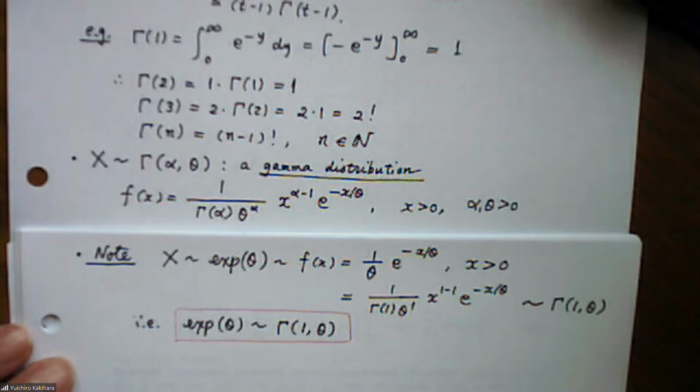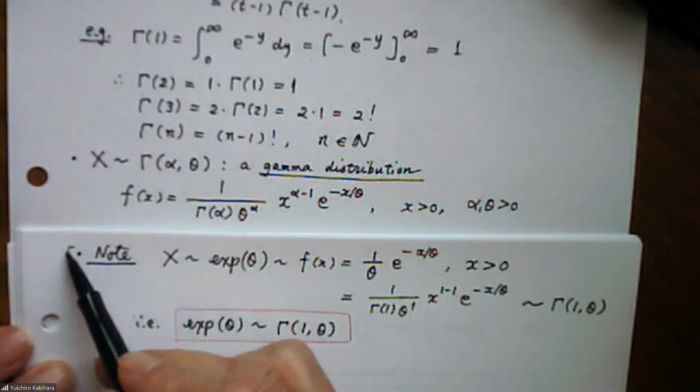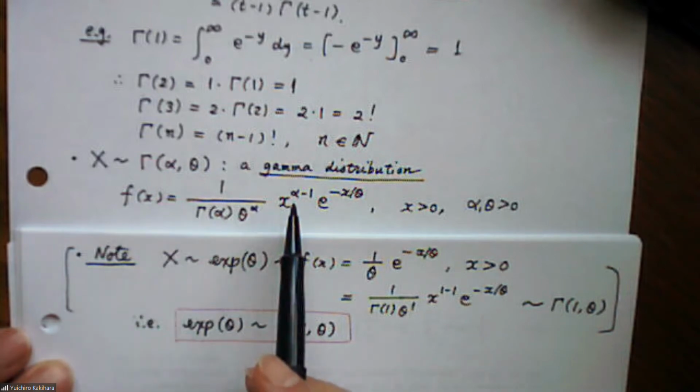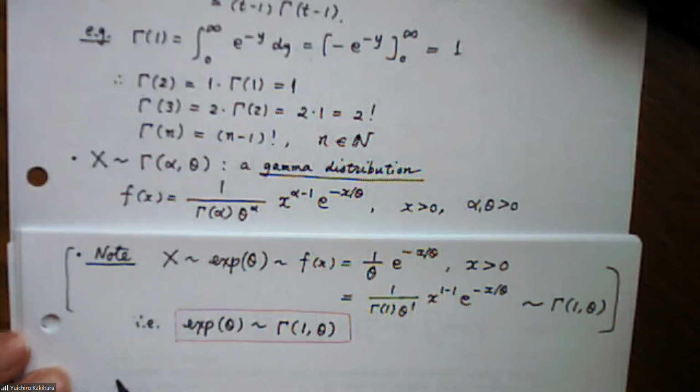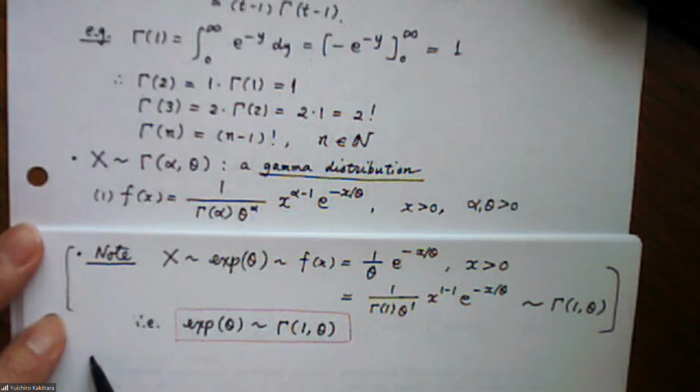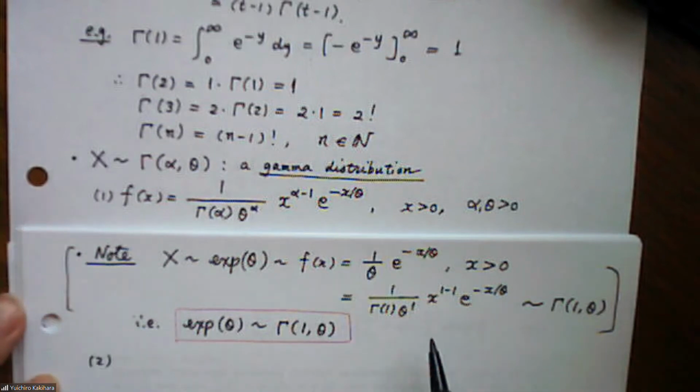All right, this is one thing we have to note. And then we would like to show that the gamma distribution has a certain moment generating function. This is just a note: the exponential distribution is gamma of 1, theta.